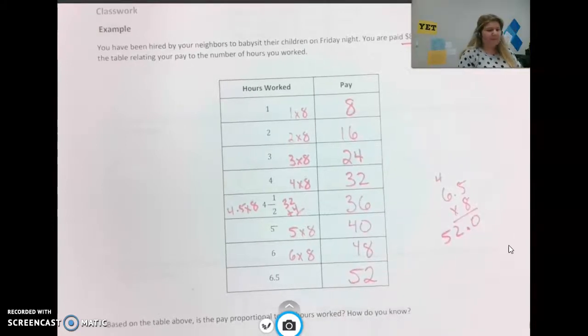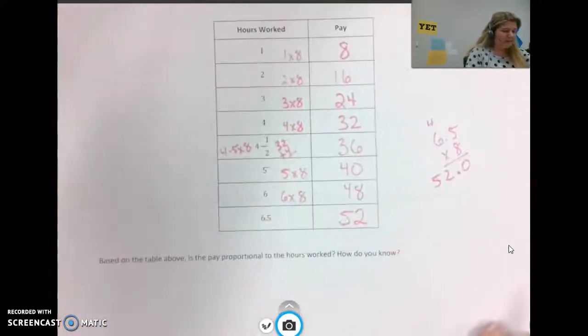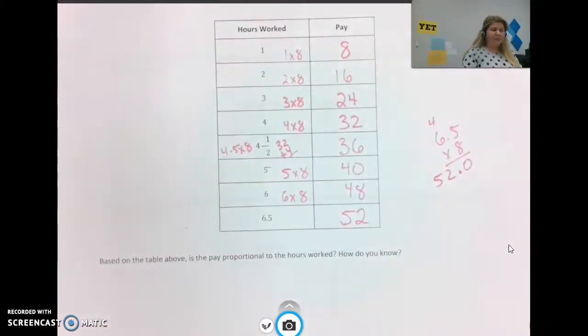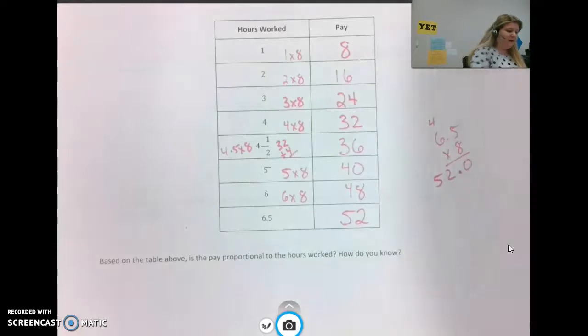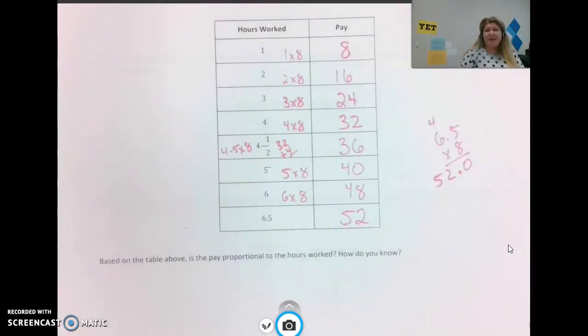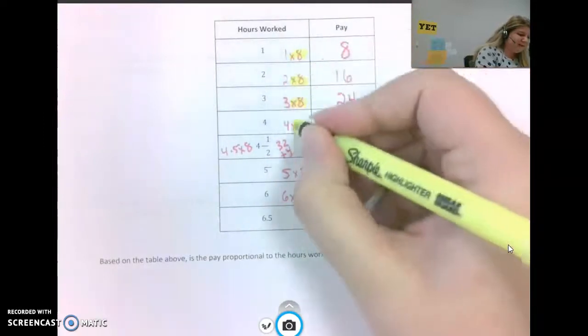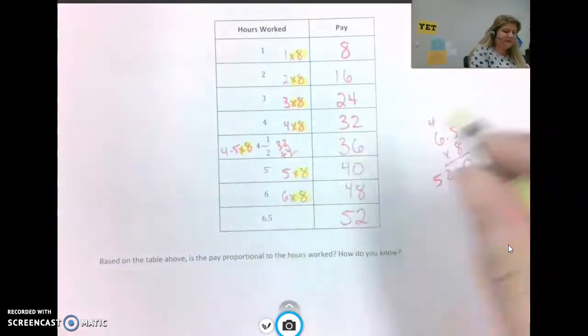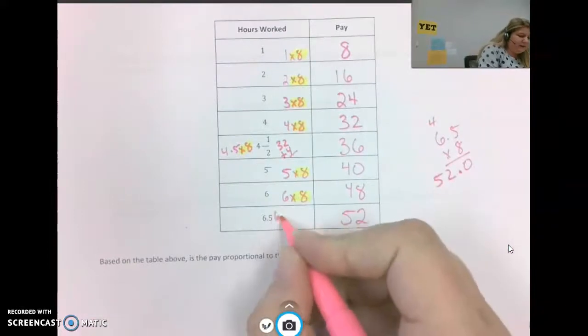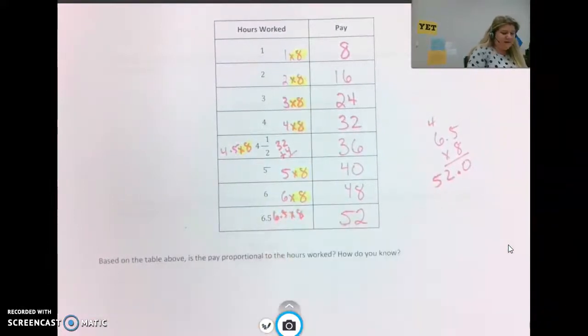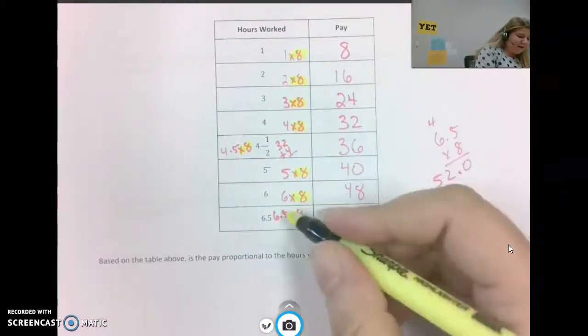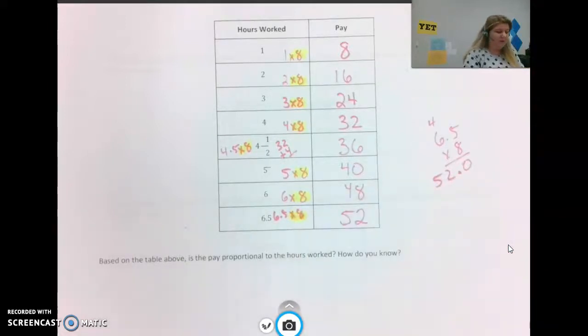So, based on the table above, is the pay proportional to the hours worked? And how do you know? So let's think about how we got this. We did times 8, times 8, times 8, times 8, times 8, times 8, times 8. And here we also did times 8. So we have a constant number that we are multiplying by.